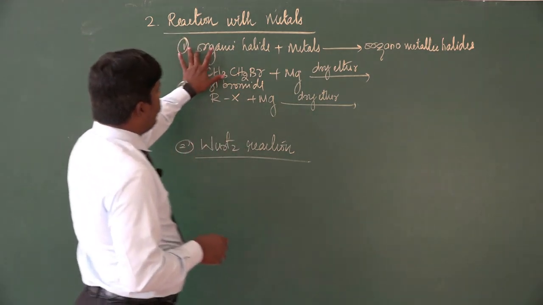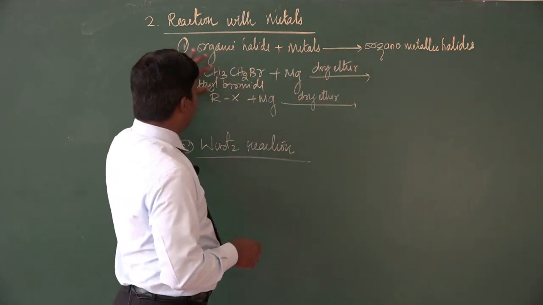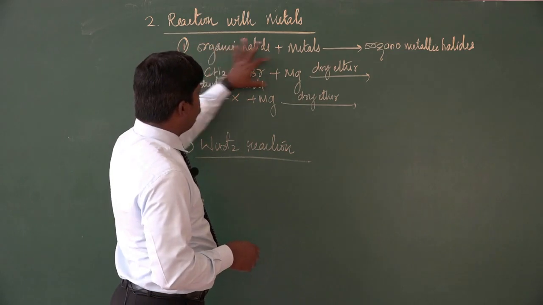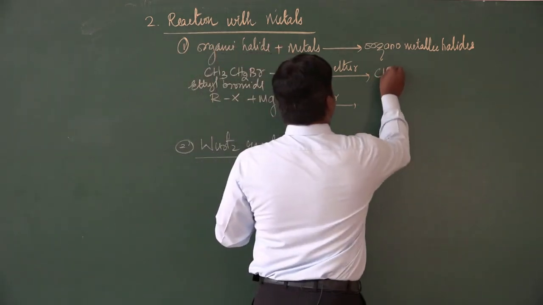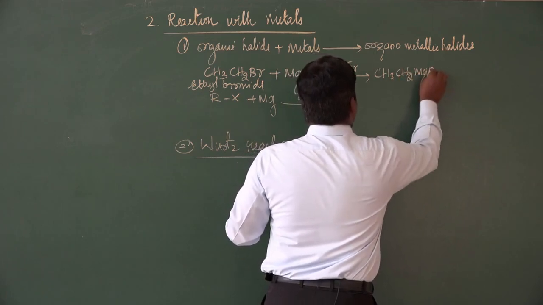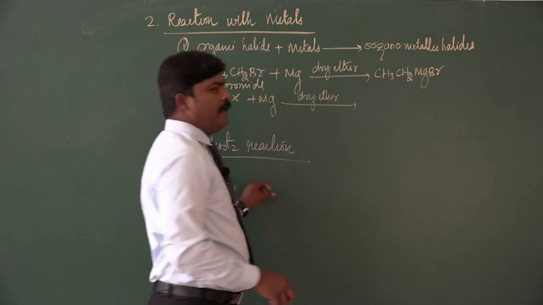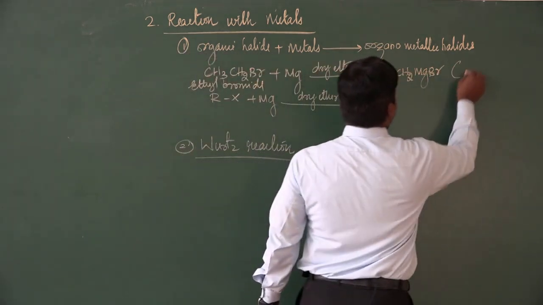Organic halides, when they react with metals, form organometallic compounds. That means when CH3CH2Br reacts with magnesium in the presence of dry ether, it forms CH3CH2MgBr, that is ethyl magnesium bromide. We also call this a Grignard reagent.